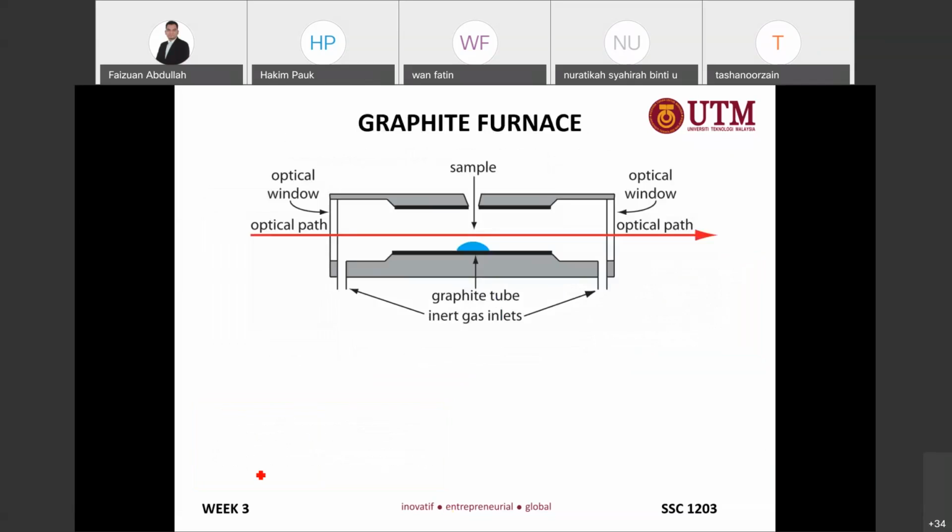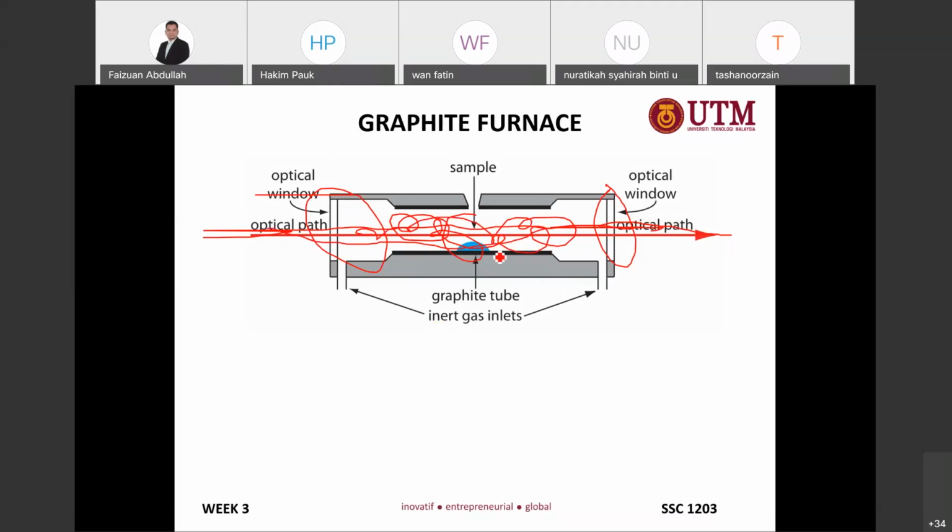Both ends of the graphite furnace must have an optical window, so that the spectrum that we supply can pass through the graphite furnace, because we need the analyte inside the graphite furnace to absorb the spectrum, right? That is the concept.